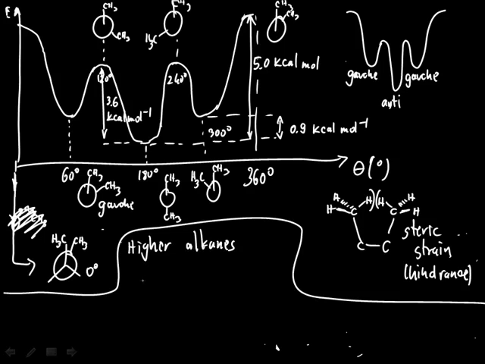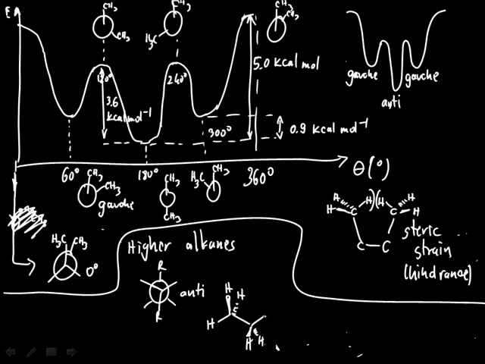So just like butane wanted to get to this very stable anti-conformation, so will all the other alkanes, and furthermore, so will each and every CC bond in that other alkane. And so what we will end up with is this anti-relationship around each CC bond in a higher alkane.